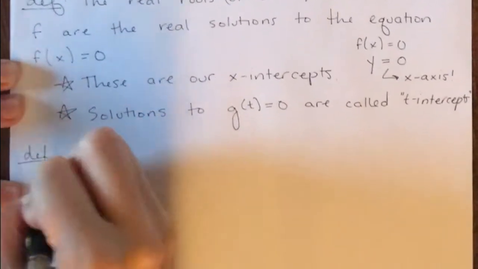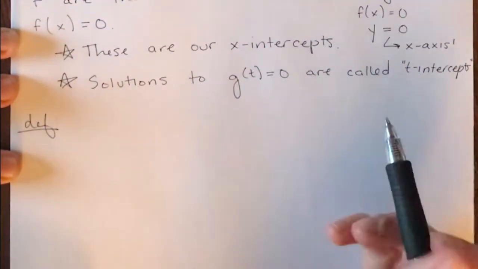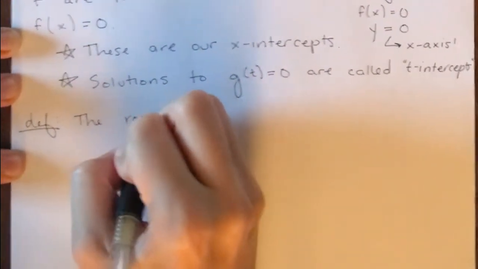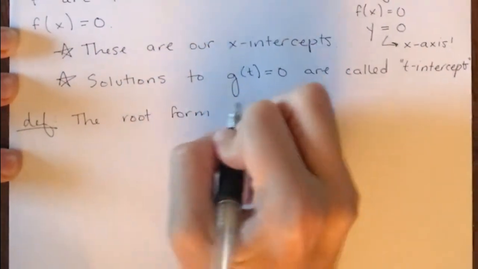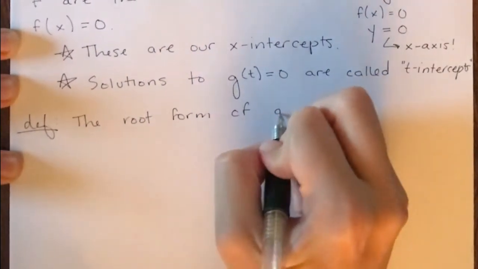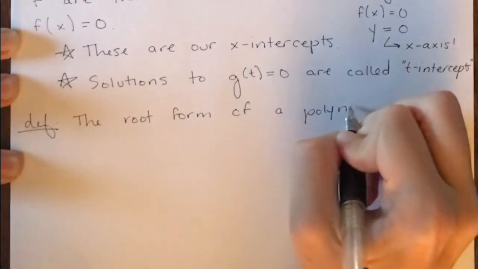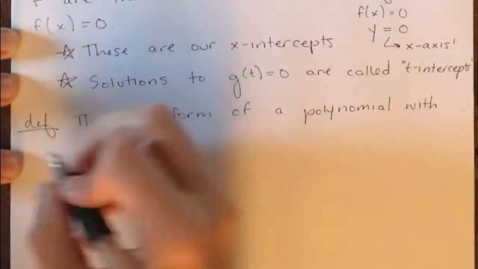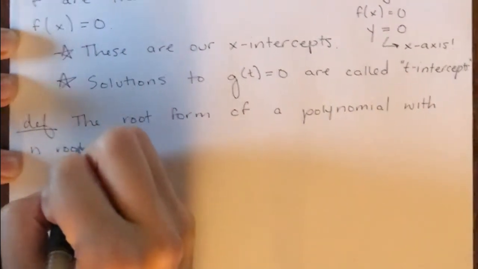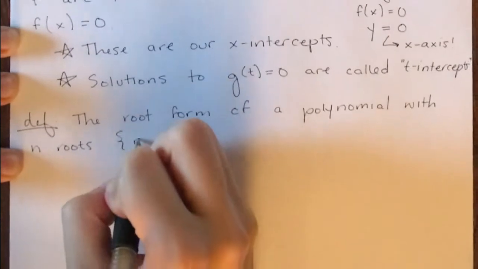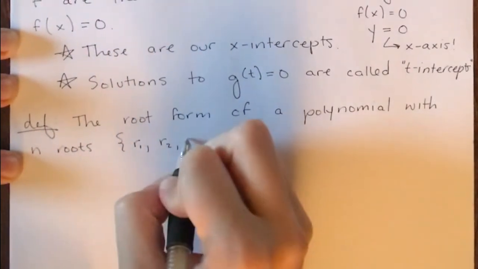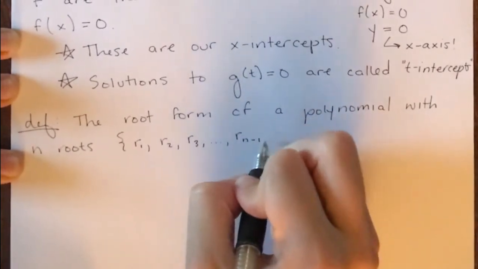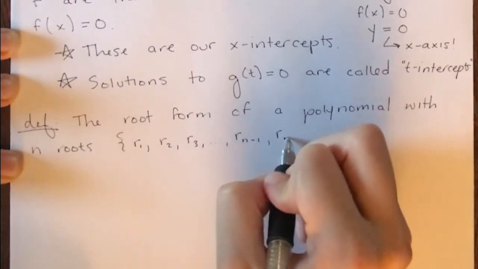All right, definition. Now that we've talked about roots really briefly, how are we going to use this? Well, the root form of a polynomial with n roots, and we're going to call those n roots R1, R2, R3, all the way up to Rn minus 1 and Rn.